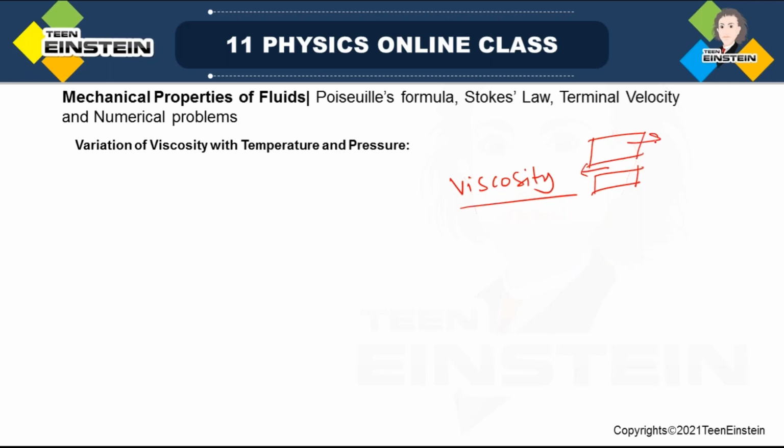So if the fluid is moving in this way, v, this is v plus dv, the viscous force will act in this way, so it will try to oppose the relative motion, as the resistive force does in case of solid surfaces.